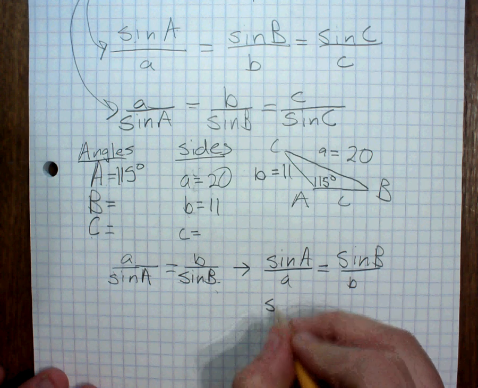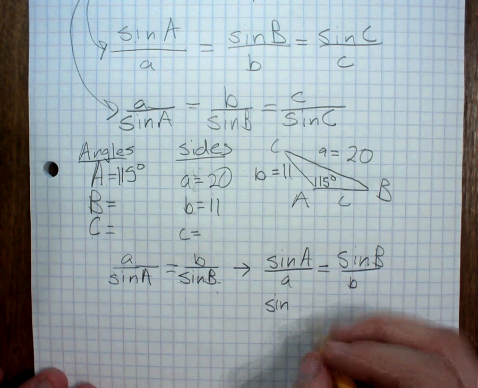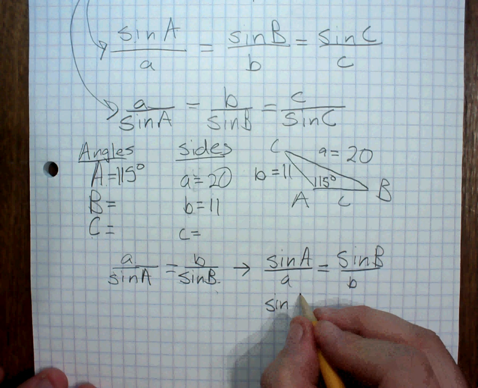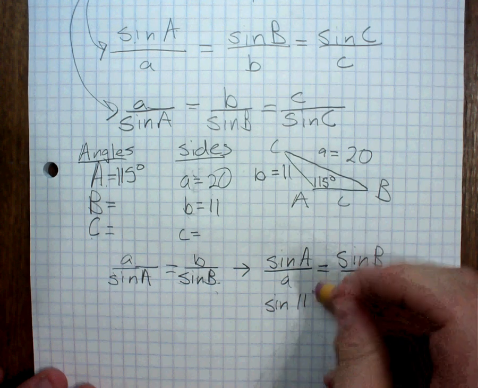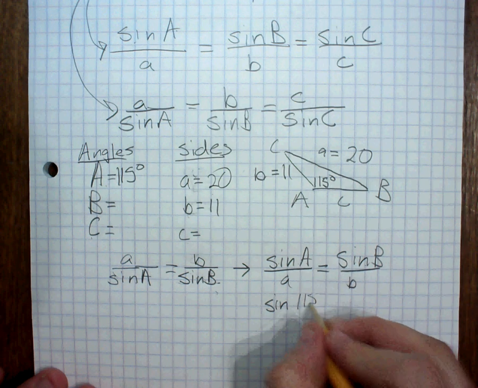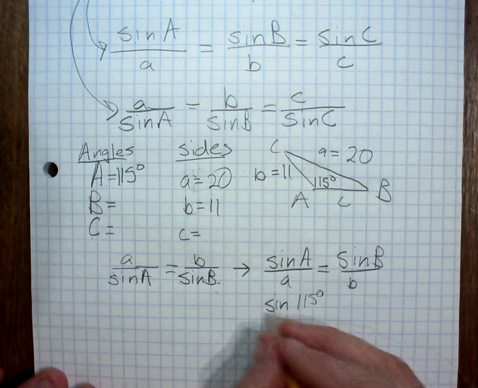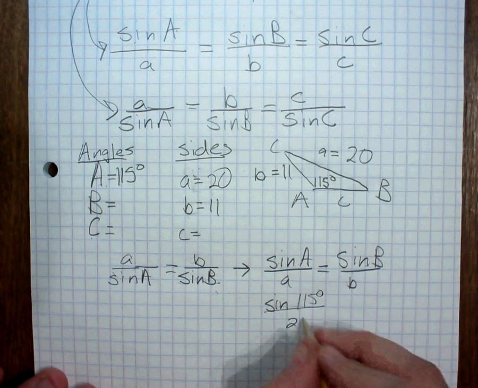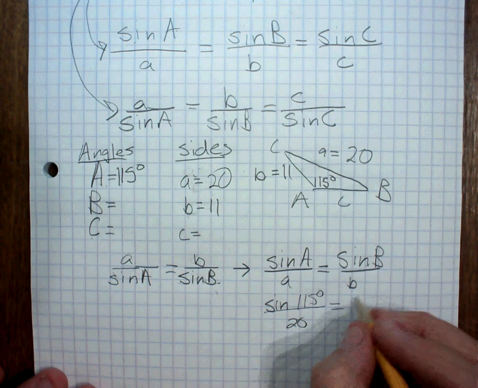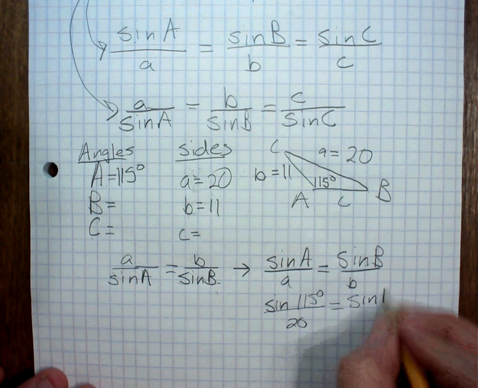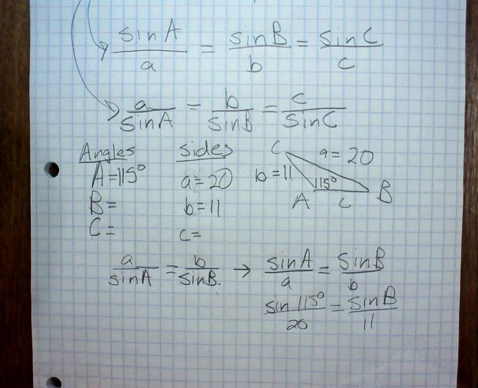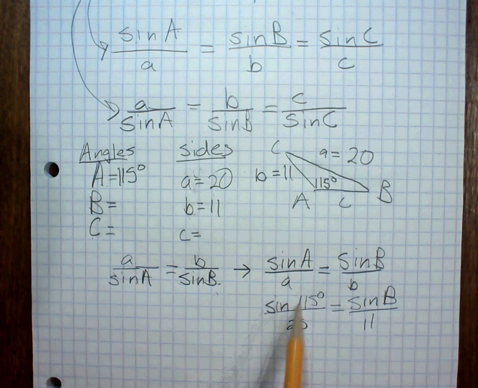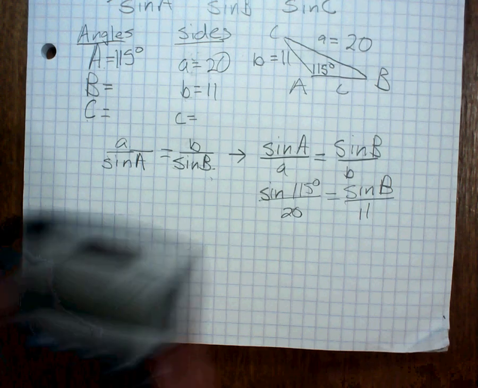So I've got sine of 115 all over 20, which is a number, and that's equal to sine of capital B all over 11. Okay? So I'm going to take the sine of 115 divided by 20 and see what I get.